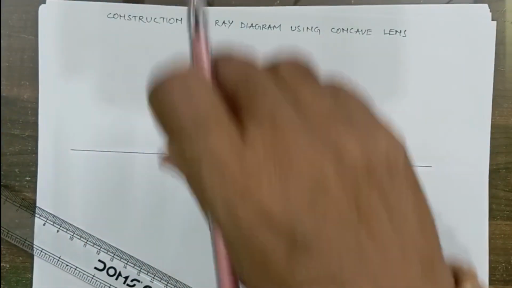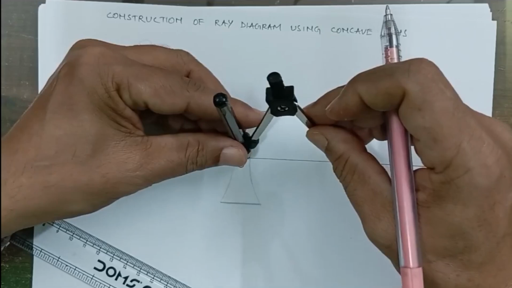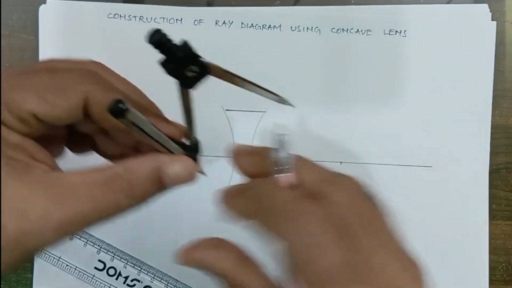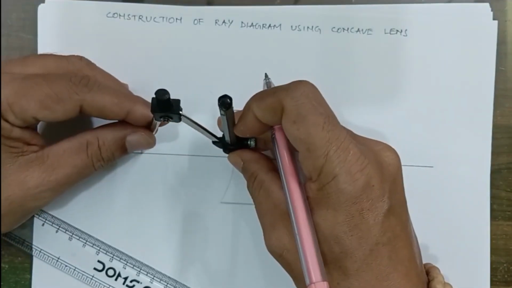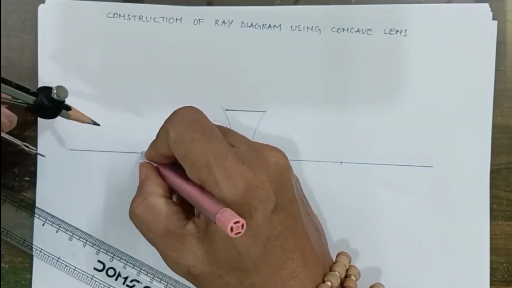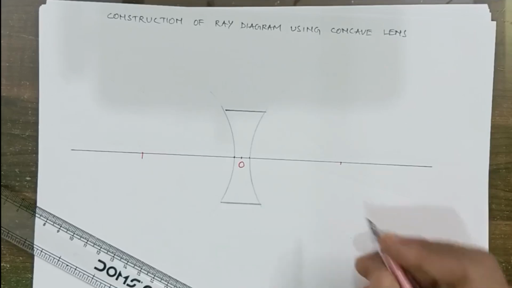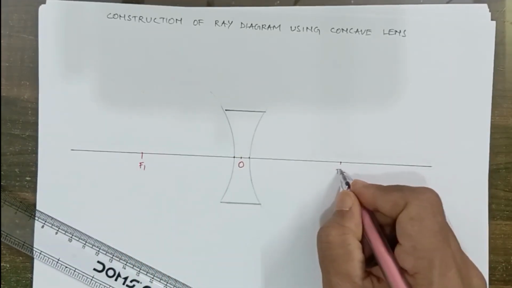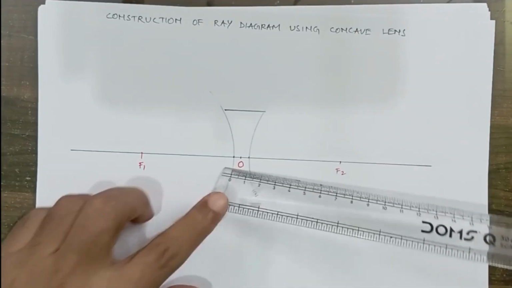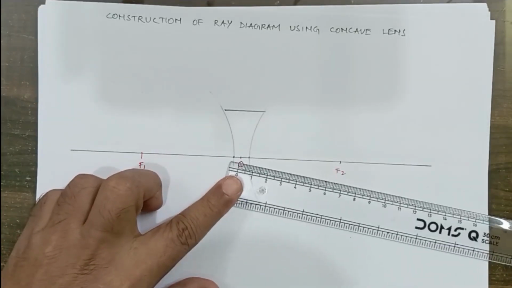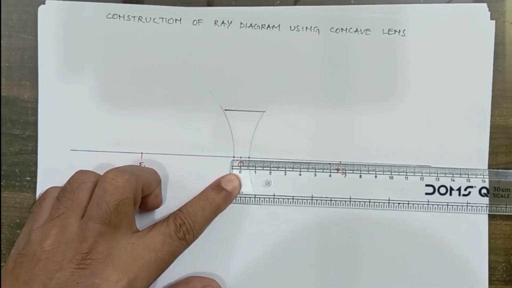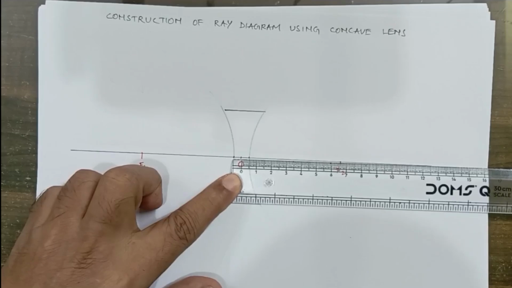Now mark the focal points F1 and F2. The focal distance is approximately 6.5 centimeters.